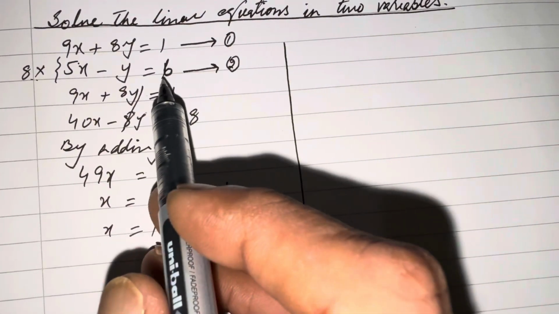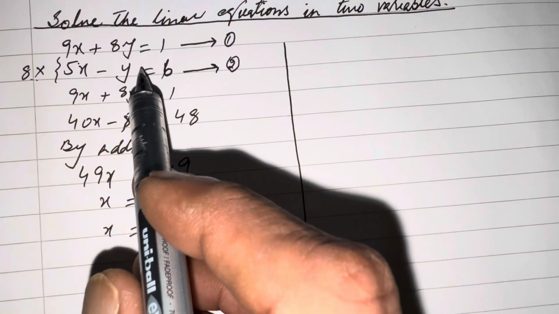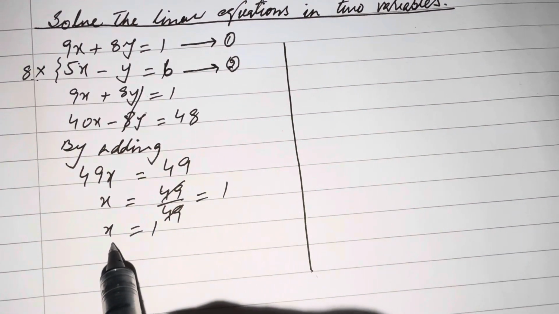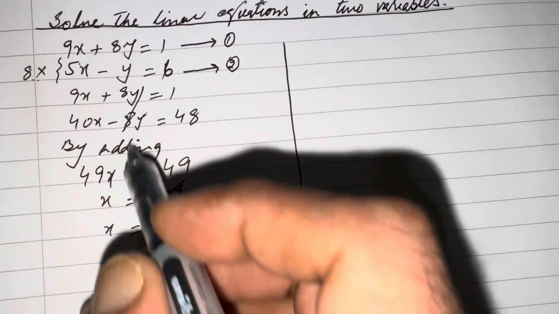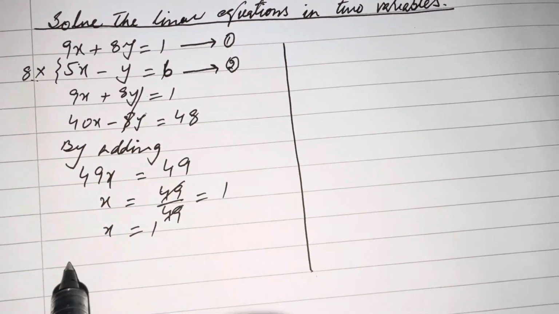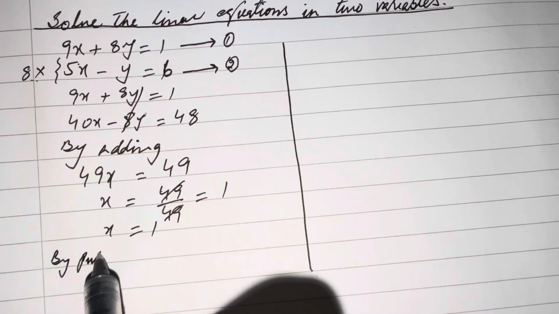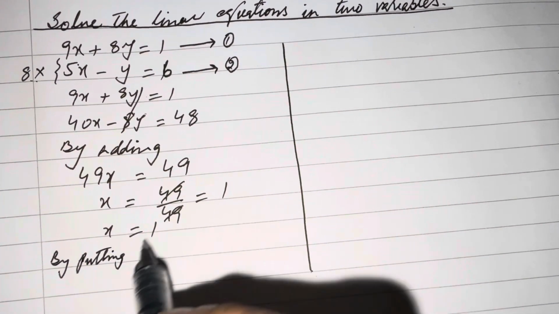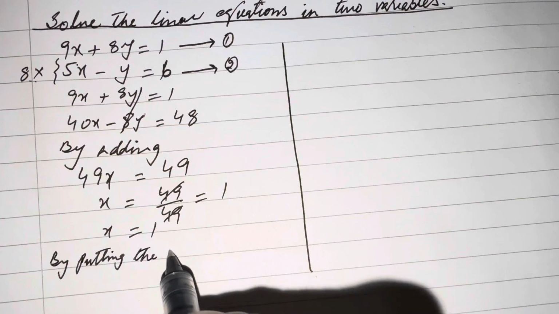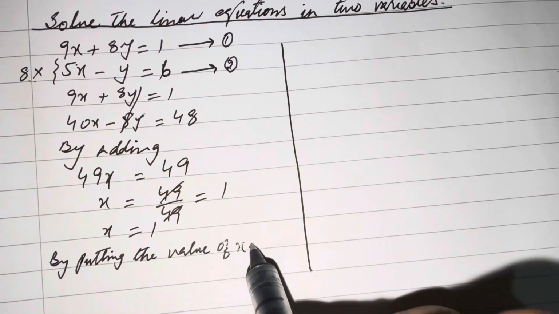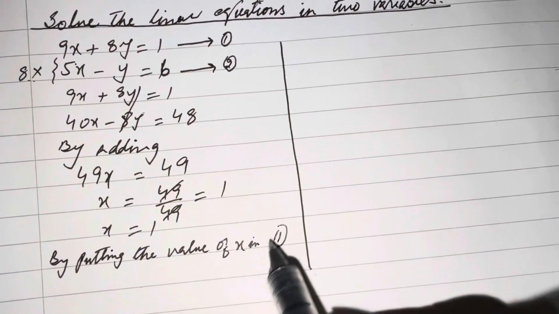So we will take the very simple equation that we can find the value of y. So let's suppose we put the value of x in equation number 1. So by putting the value of x in equation number 1.